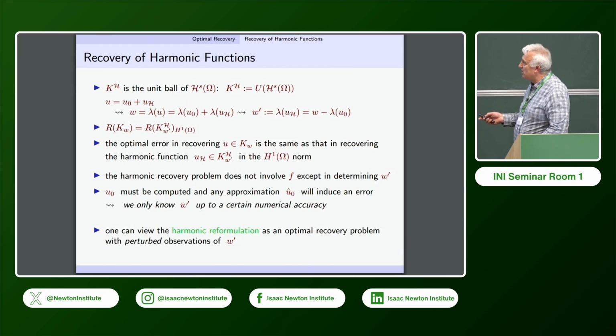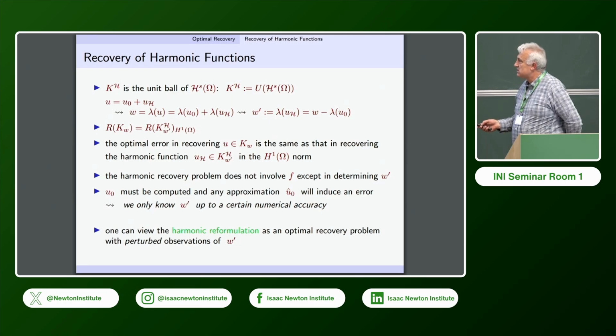The lambda of U0, and then W prime, would be the new data for which we have to solve the harmonic function recovery. Unfortunately, this is numerical computation, and we cannot find W prime exactly. So that means we have to work on that. We have to estimate the error and have a precise reformulation.